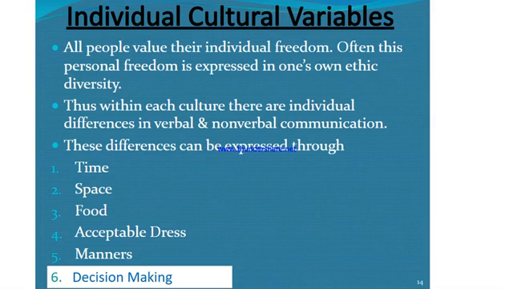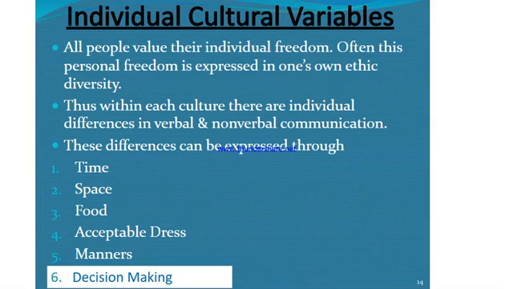There exists a whole population, and all the individuals within the same cultural pattern differ from each other. They exhibit unique lifestyle, personal habits and ethnic diversity. So within each culture, there are individual cultural variables, and all people value their individual freedom.